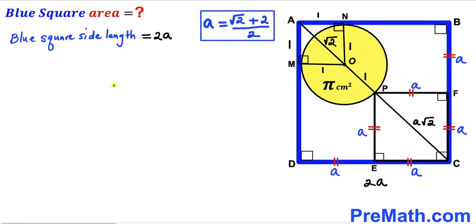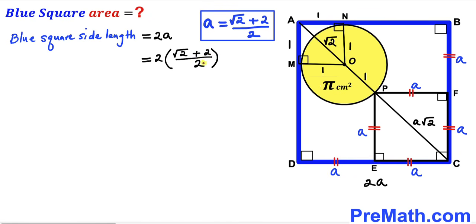And now we know that this big blue square side length is 2 times a, as you can see in this equation. And our a value is square root of 2 plus 2 all over 2. So let's go ahead and fill in the blanks. This is going to be 2 times square root of 2 plus 2 all over 2.